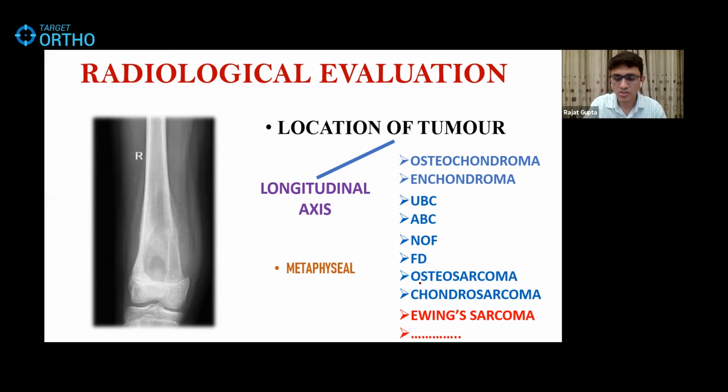Mind you, osteosarcomas are also diaphyseal in around 8 to 10% of the patients. So just by the location, do not jump to the diagnosis. Look at the other criteria before going to the differential diagnosis. The point here is that Ewing sarcoma is also metaphyseal in 50% of the patients.